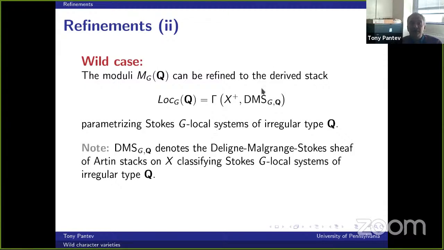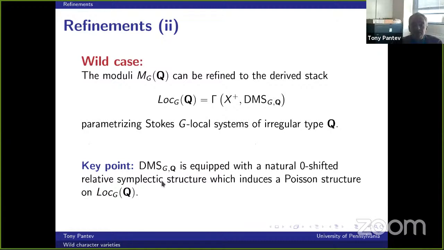So this classifying sheaf of stacks is what's called the Linmogram-Stokes sheaf of Artin stacks that classifies G local systems of irregular type Q. I'll describe it in a second, but the key feature that we want to observe is that along the fibers of this constructible sheaf of stacks, we have a natural zero-shifted symplectic structure, which has values in the dualizing sheaf of the surface X plus.